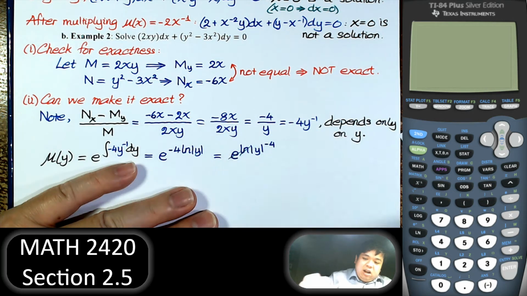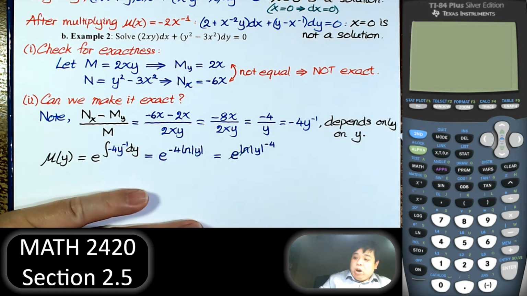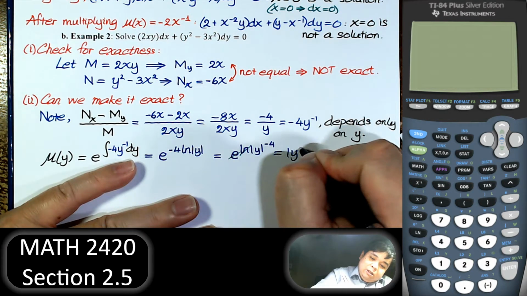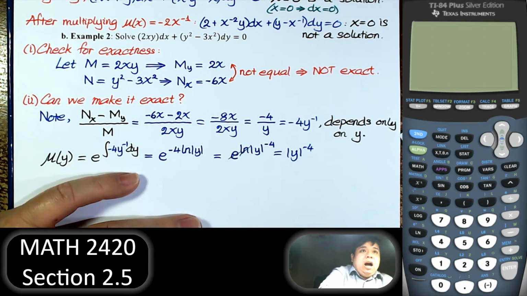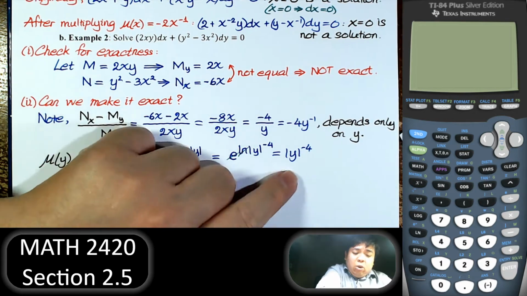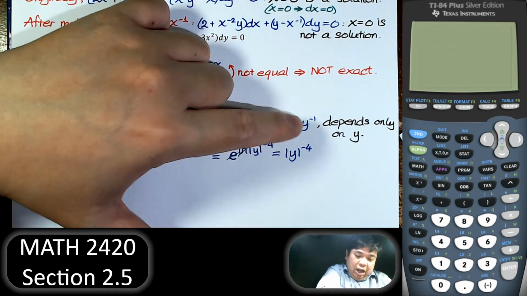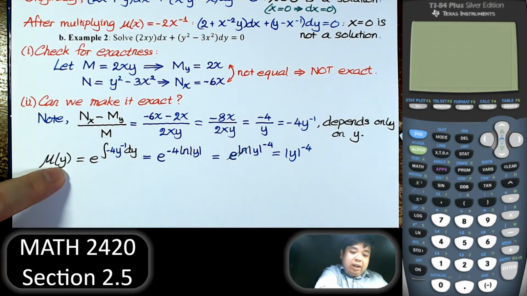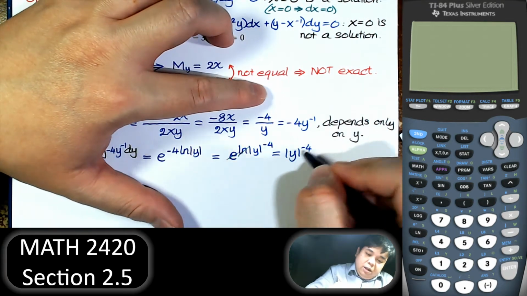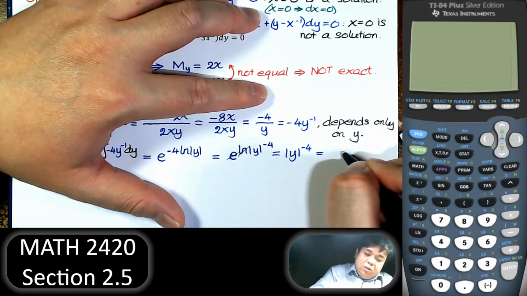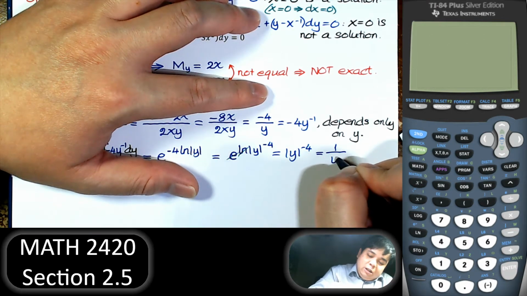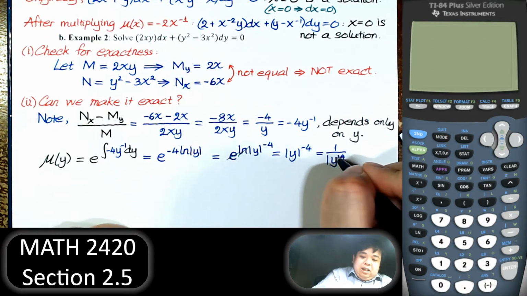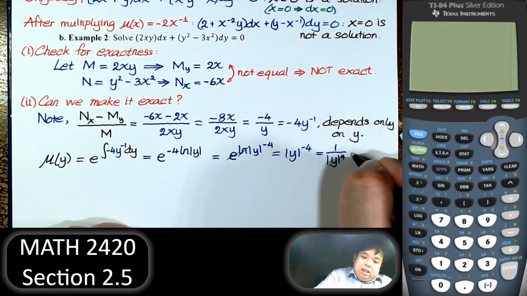So this is kind of like a linear first order equation. For this, it only depends on y, so of course the integrating factor only has y in it. That's why we only need y here. And so that is 1 over the absolute value of y to the 4th power, and this is an even power, so it's going to be even.